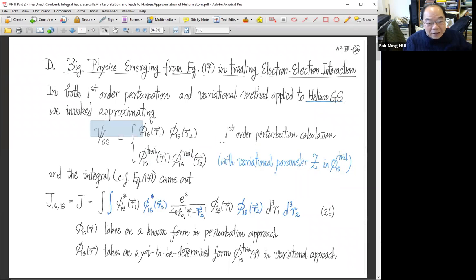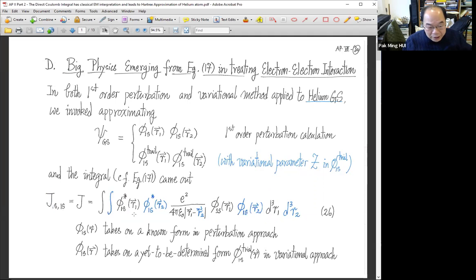So either way, we will have to compute the following expectation value of the Coulomb repulsive term between 2 electrons. So the integration that we need to do is on the left, on the right, this thing in the middle, okay? So let me call this integral J. That is a common symbol in atomic and molecular physics.